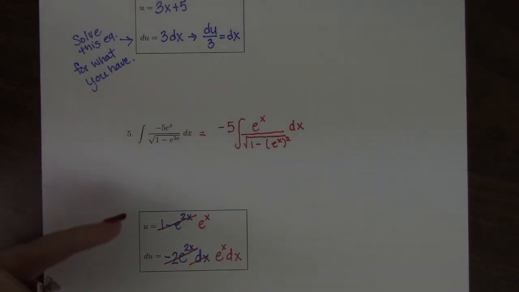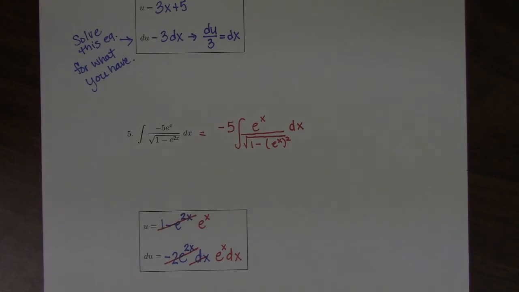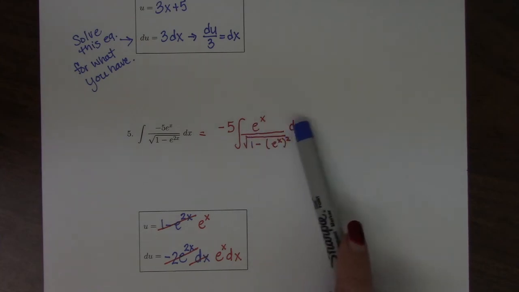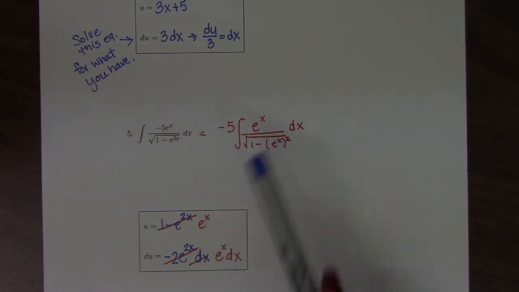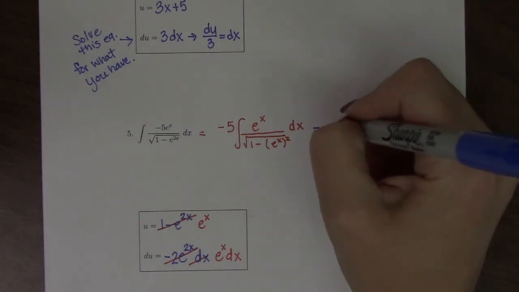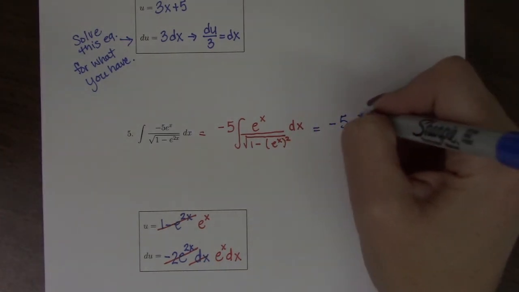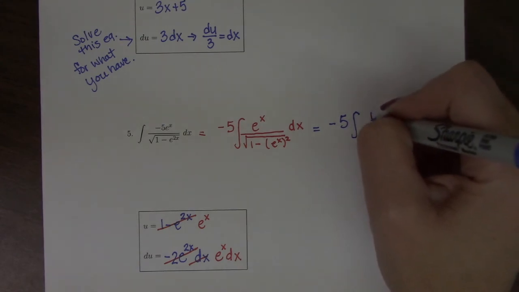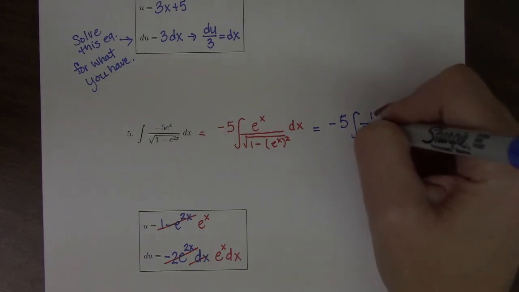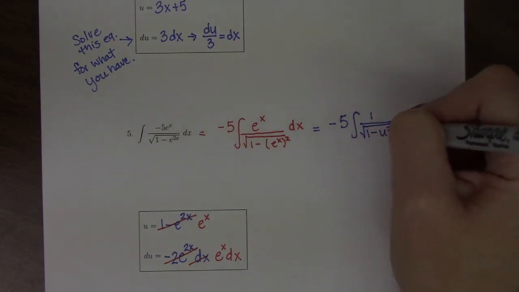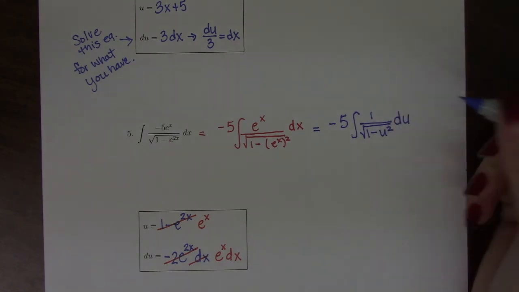So I wanted to show you that sometimes what might seem like the obvious choice, you always want to test it and think, oh, maybe I can do better. So now if we let this be e to the x dx, well, there's my e to the x dx, there's my du, and now I can rewrite this in terms of u. So we have negative 5 times the integral of 1 over the square root of 1 minus u squared du.